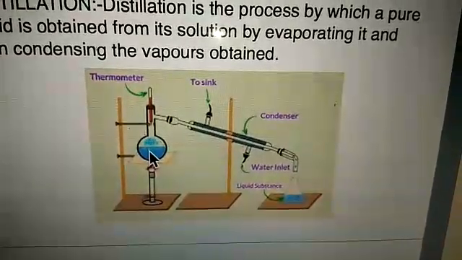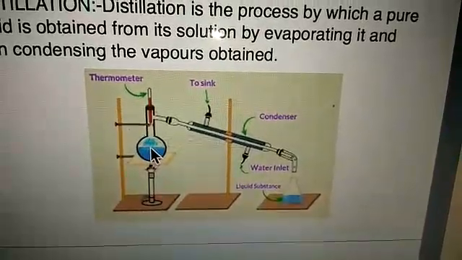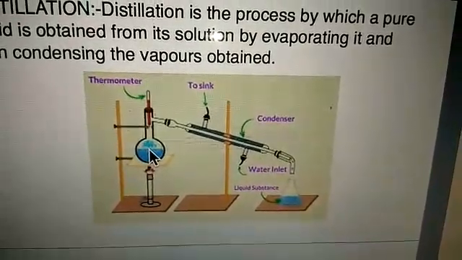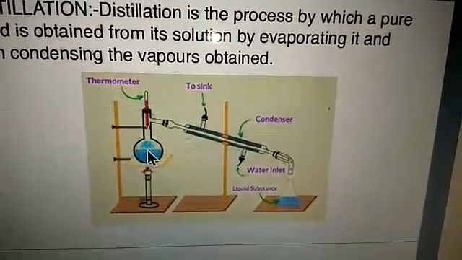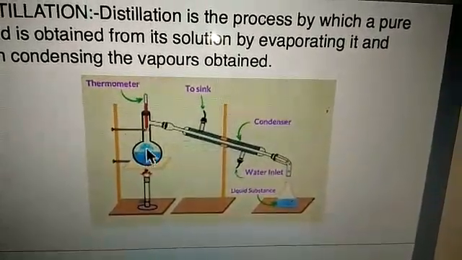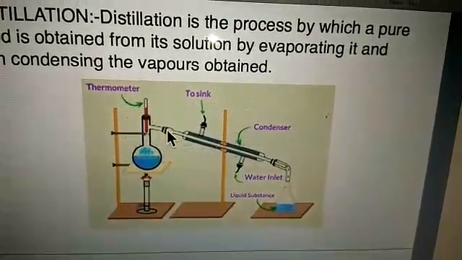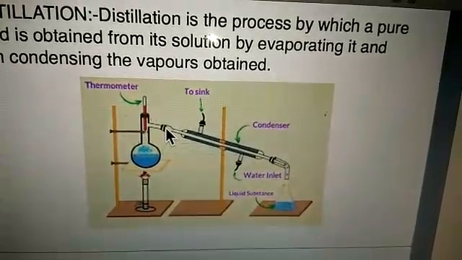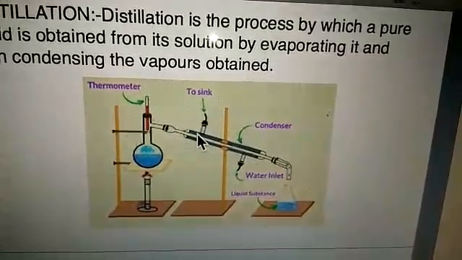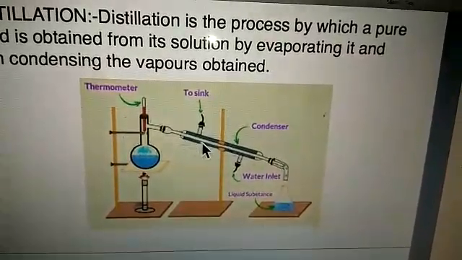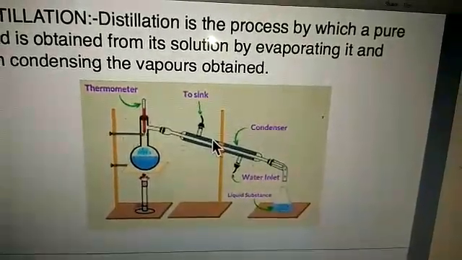After some time, this solution becomes so hot that evaporation starts. So when water gets evaporated, it goes up here and then it goes into this tube. So when evaporated water goes here, then the vapors travel down this thin tube which is inside this condenser.